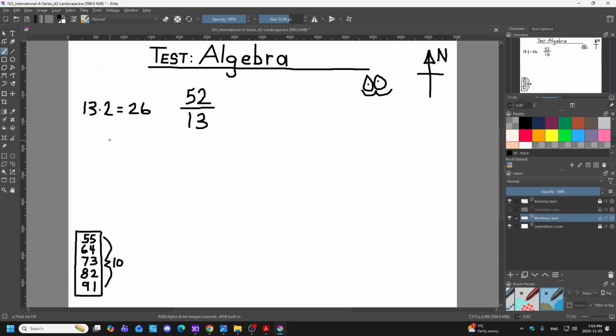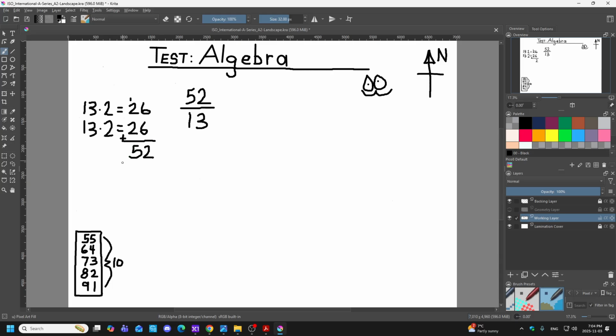Therefore, we can just double this again. 26 plus 26: 6 and 6 is 12, carry the 1. 2 plus 2 is 4, plus 1 is 5.